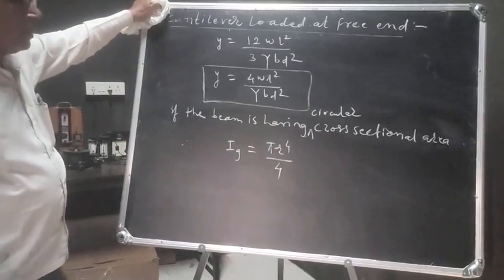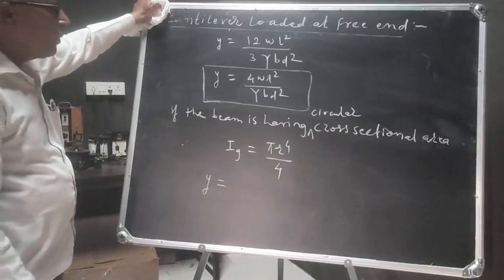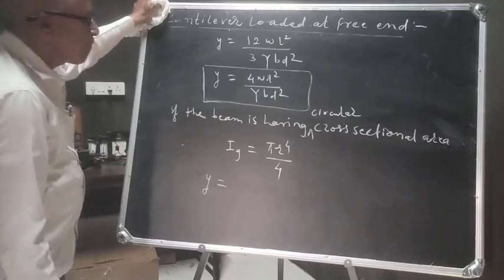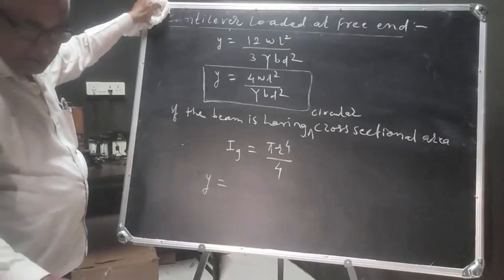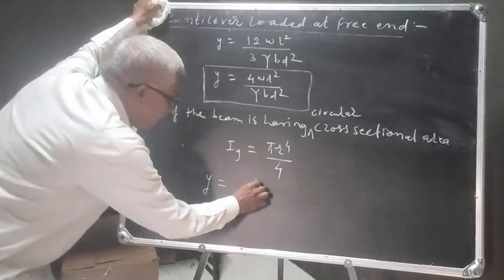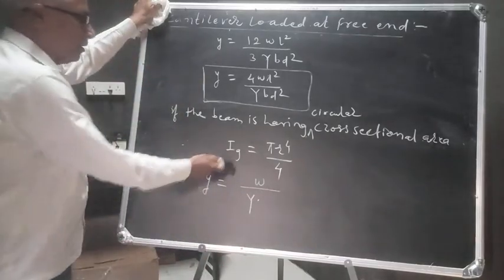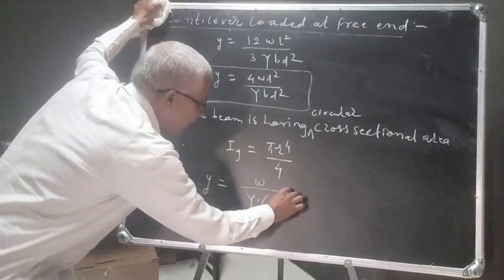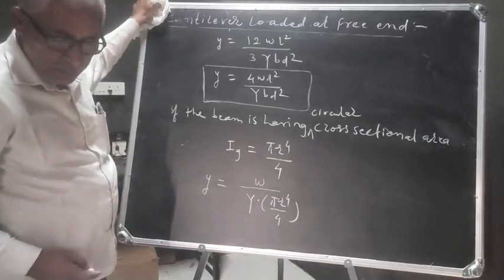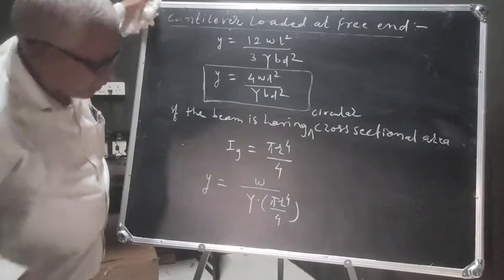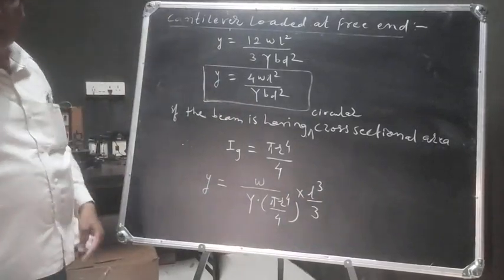Putting this value in the previous equation, we can calculate the depression of the beam: W upon Y into the geometrical moment of inertia, pi r raised to 4 upon 4, into L cube by 3.